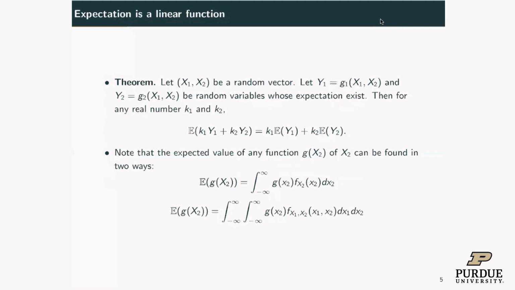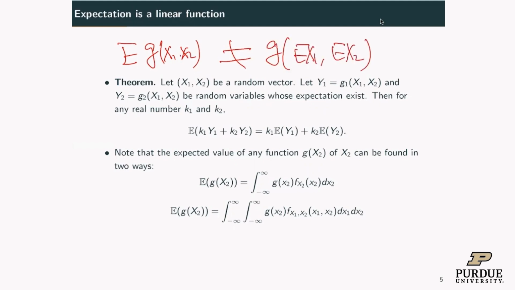Now I would like to calculate the expected value of k1 y1 plus k2 y2, where k1, k2 are constants. We know expectation is a linear function, so we can move k1, k2 outside of the expectation. We also talked about that expectation is not a nonlinear function. So definitely the expected value of g(x1, x2) is not equal to g of the expected value of (x1, x2). That's not true.